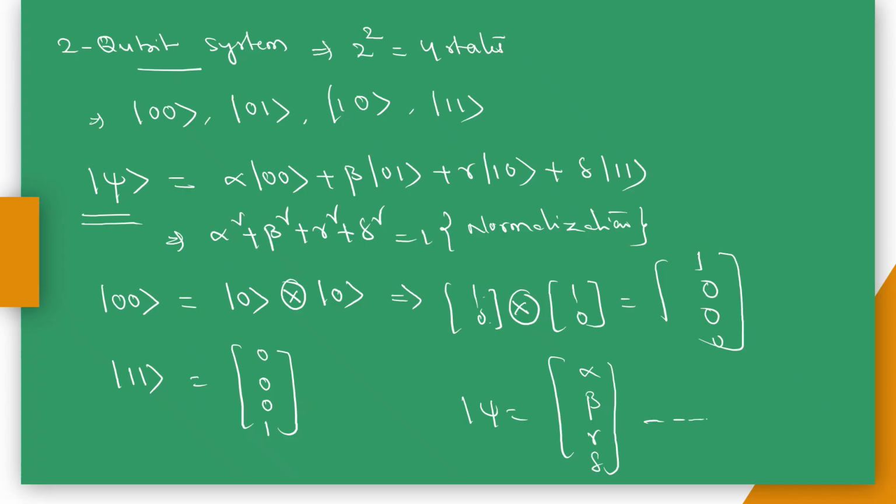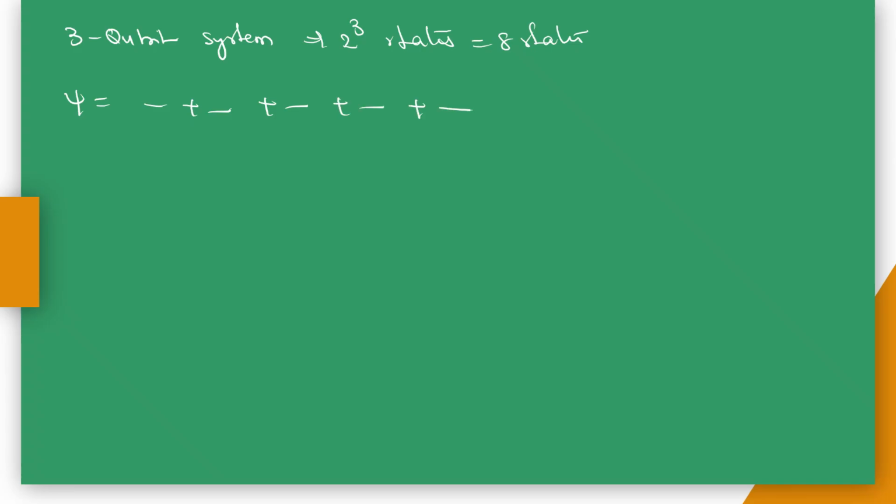Similarly, if we have 3 qubits, we will have 2 power 3 states, which is 8 states, and it becomes very complex to represent psi with 8 terms, and again the matrix has 8 entries.